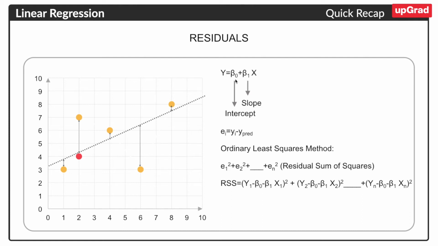So y of prediction will be beta 0 plus beta 1 into x1. If I put it in this formula, it becomes y1 minus beta 0 minus beta 1 x1, squared, plus, and so on.